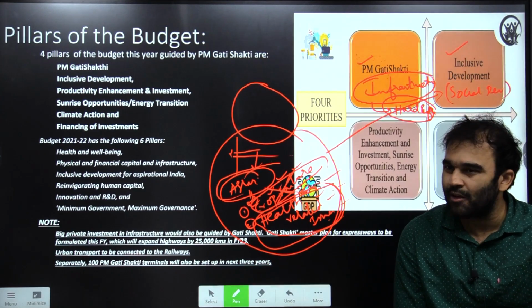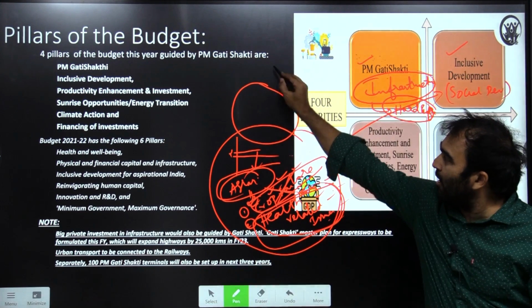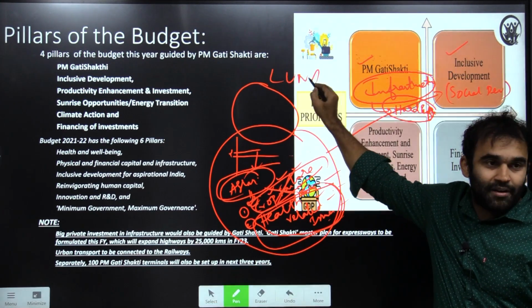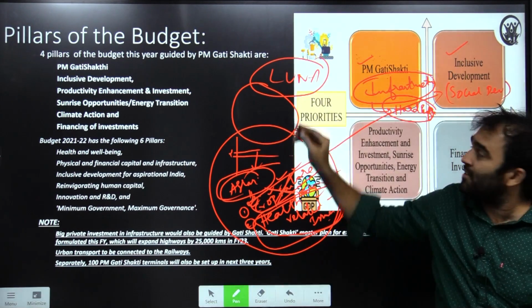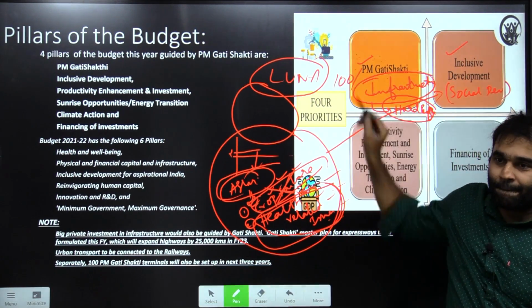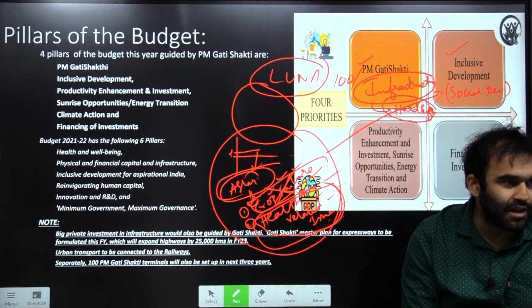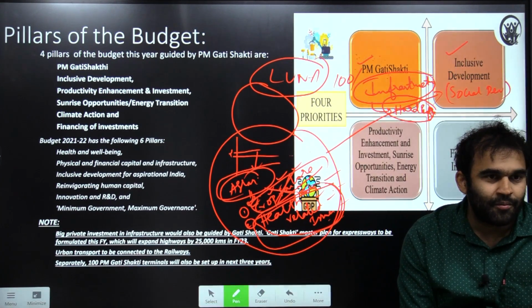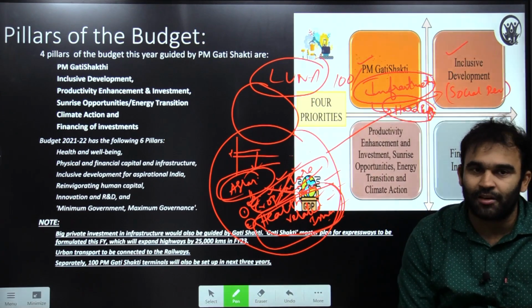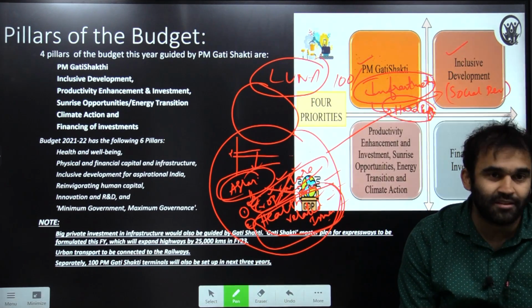I think 2 or 3 days ago, there was this Luna cryptocurrency, which has crashed by 100%. Just 2 or 3 days ago, it happened. So everything is collapsing now because of the high inflation environment.